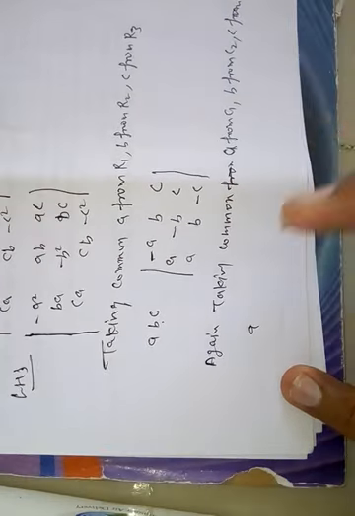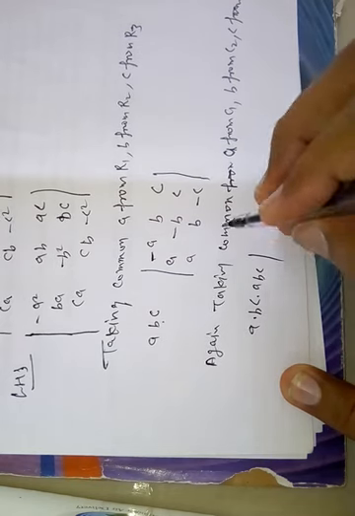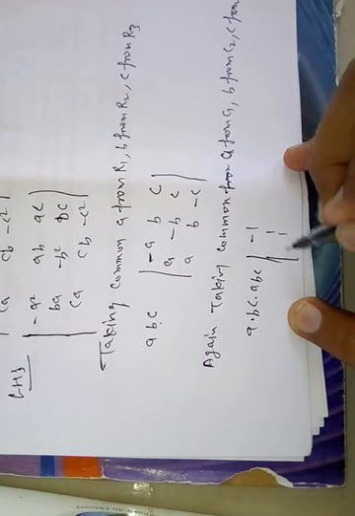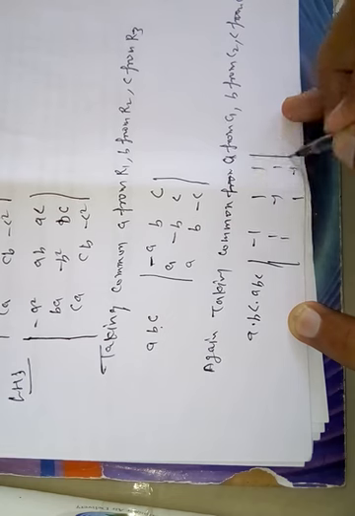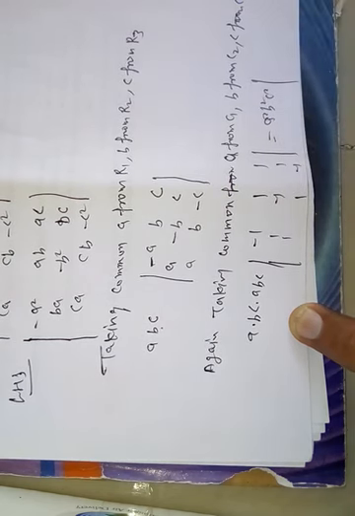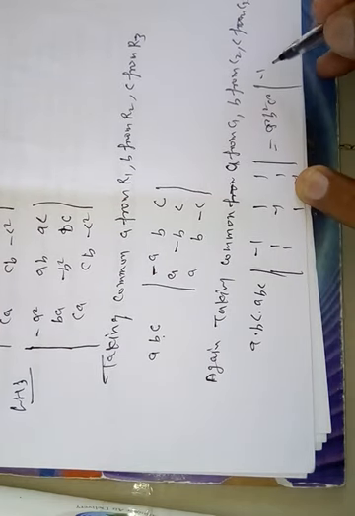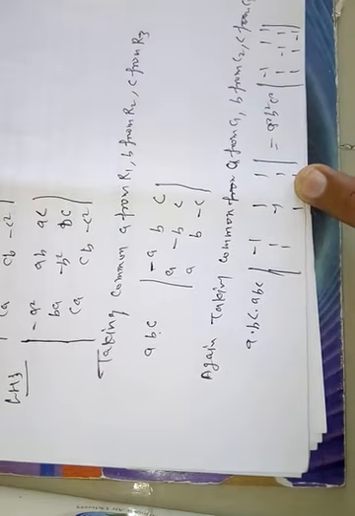Now multiply outside the determinant by a b c times a b c. The determinant is minus 1, 1, 1; 1, minus 1, 1; 1, 1, minus 1. This equals a square b square c square times determinant minus 1 1 1, 1 minus 1 1, 1 1 minus 1.